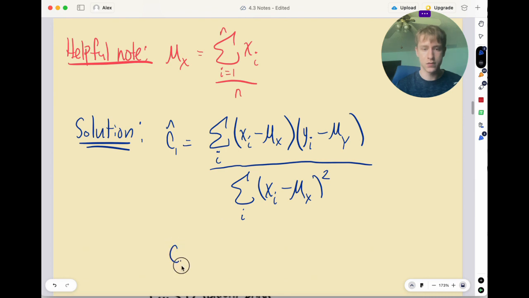And C0 hat is going to be mu sub y minus C1 hat times mu sub x.